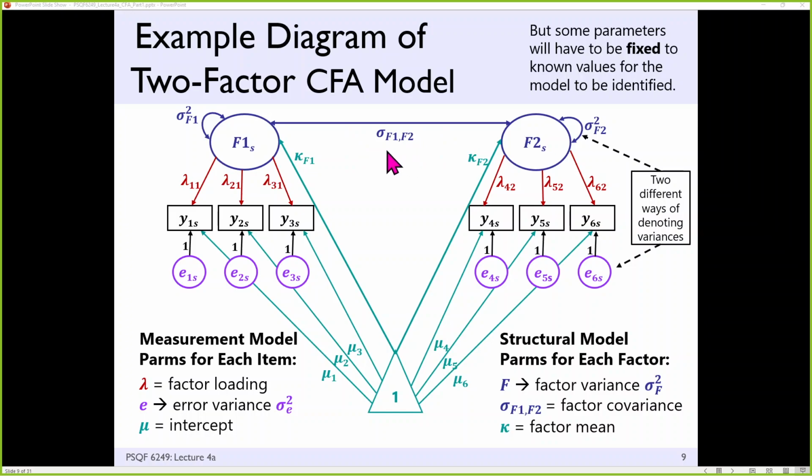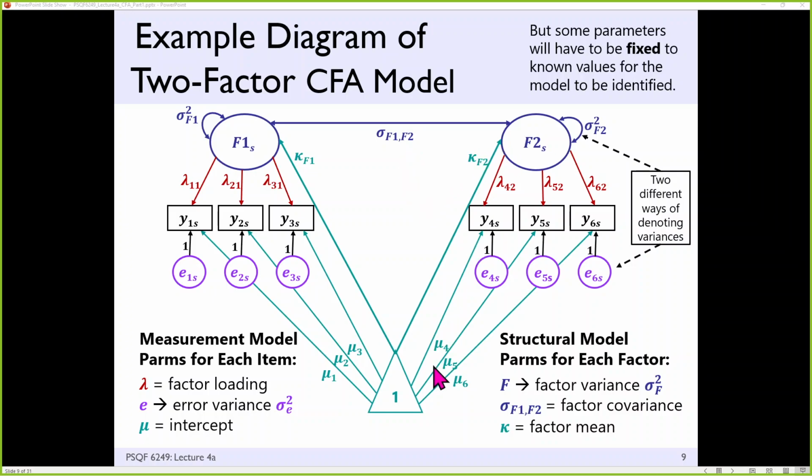Close. Put it in unstandardized terms. What's an unstandardized correlation? Covariance, yes. Because this is only the correlation if these variances are 1, and they may not necessarily be 1. So this is a covariance. In the standardized solution, it becomes a correlation, but we haven't really talked about that just yet.